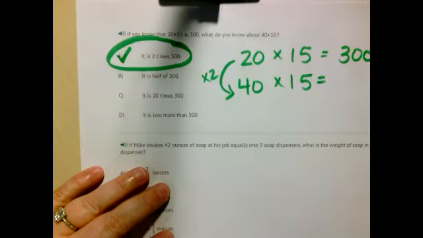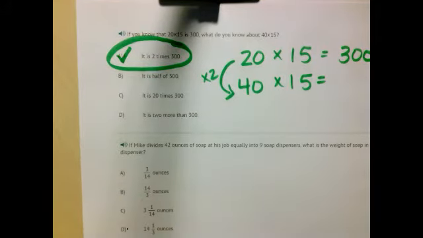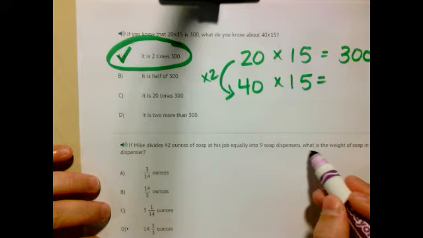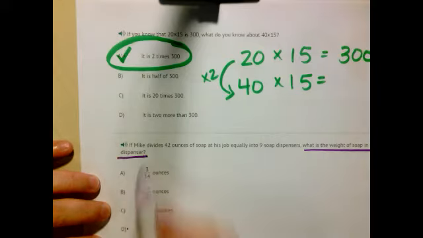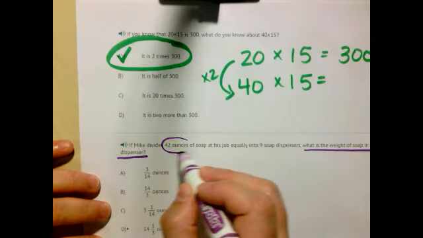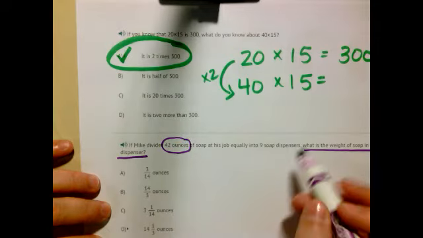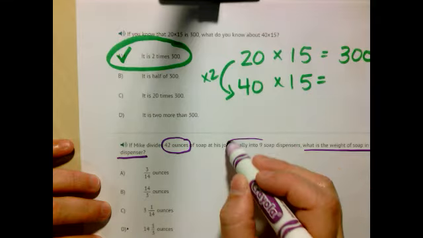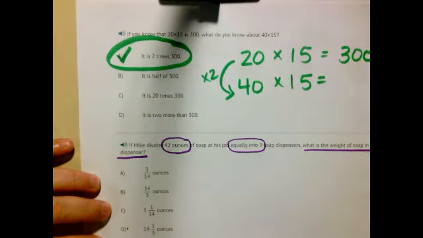Okay, the next one says, if Mike divided 42 ounces of soap at his job equally into 9 soap dispensers, what is the weight of soap in one dispenser? So they're wanting to know what is the weight in one dispenser. Mike has 42 ounces of soap and he's splitting it equally into 9 soap dispensers.